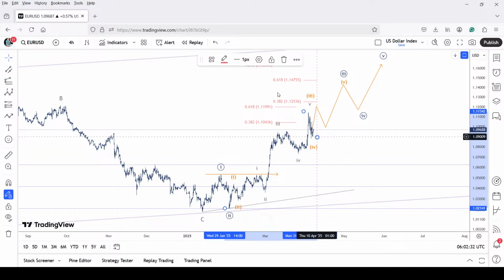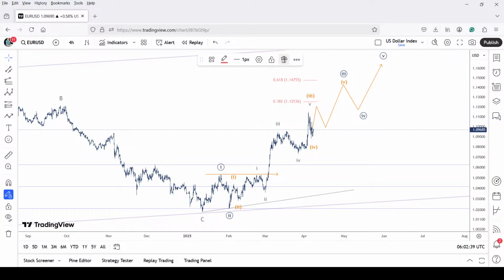So 1.1475 is it? Let's remove the previous one and let's focus now. So now we are done with potential minute wave 3. Minute wave 4 is underway, and once it's done, possibly we are moving higher towards 1.1475 in the next wave.